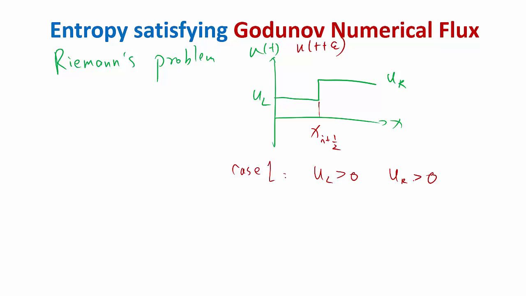What is going to happen after infinitesimal time? Which direction is the solution moving towards? Towards the right, right? I don't care if this stays as a discontinuity or becomes an expansion. Anyway, it is going towards the right. So after infinitesimal time, I get something like that. But the solution at the interface after infinitesimal time is what?